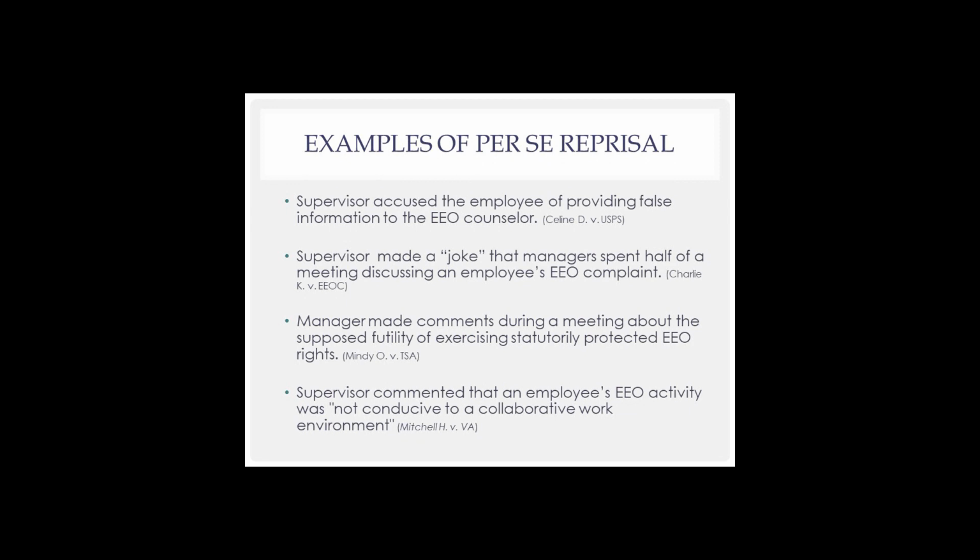There are a number of examples other than the ones that I used. It could be that a person provides false information to an EEO counselor. The 29 Code of Federal Regulations dictates that all managers and supervisors at agencies have to cooperate with EEO counselors and investigators. We can be sanctioned just for not cooperating with an EEO counselor or an investigator.